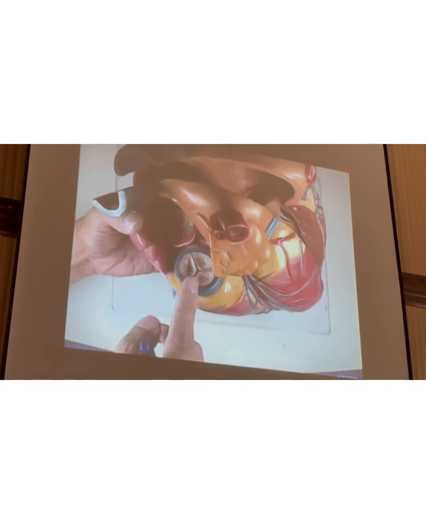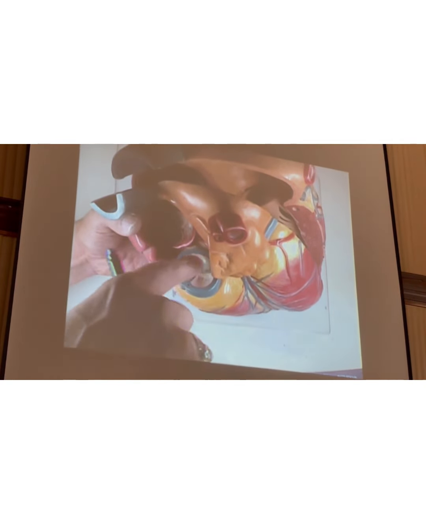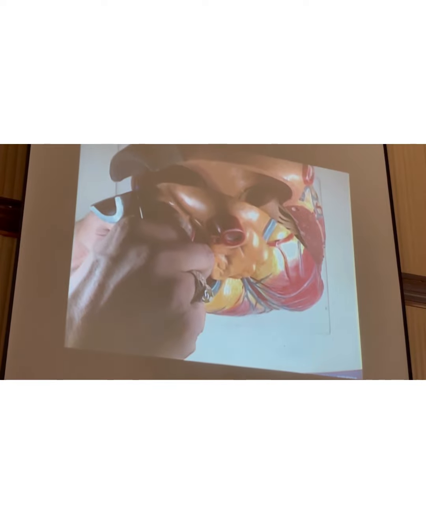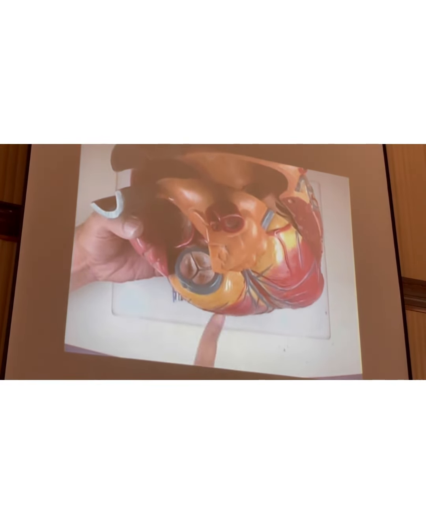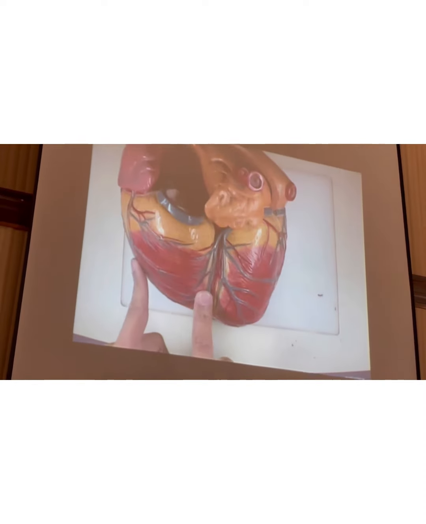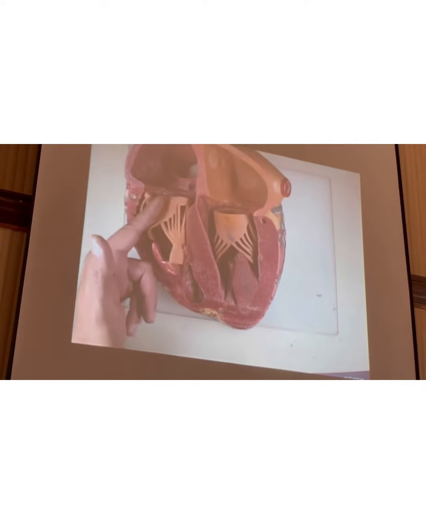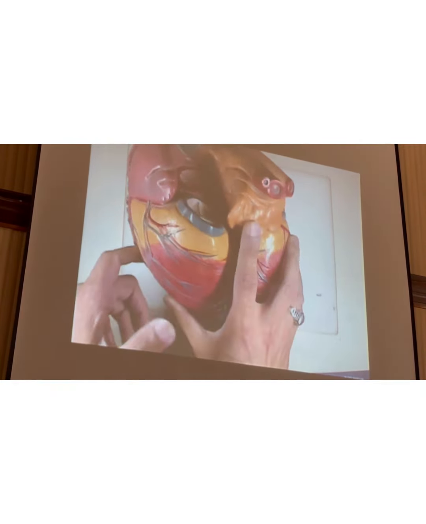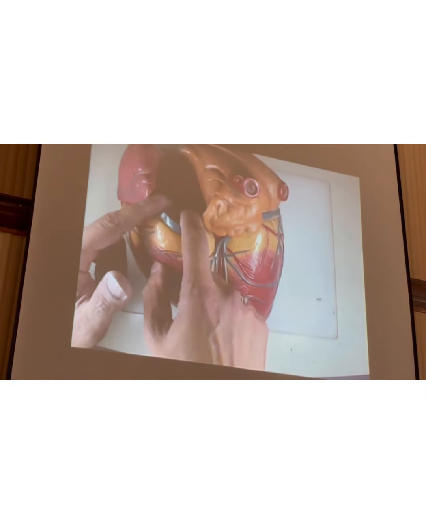Then, when there is ventricular relaxation, the blood will go back, filling these and closing the valve, and prevent regurgitation of the blood to the right ventricle. We said that it receives blood through the right atrioventricular orifice, and then the blood will pump out of the right ventricle through the pulmonary trunk.